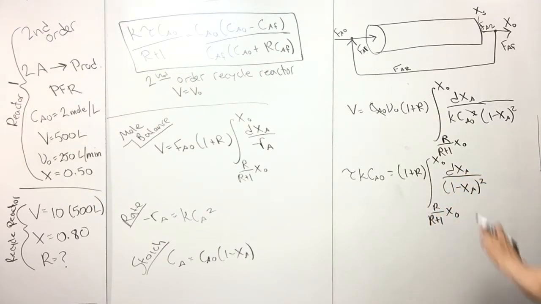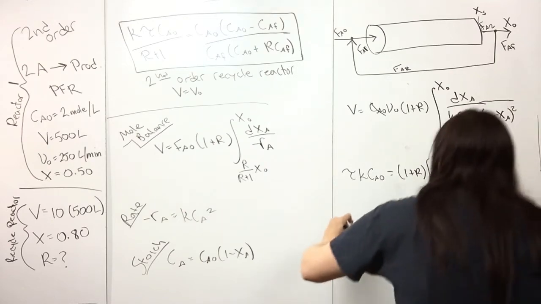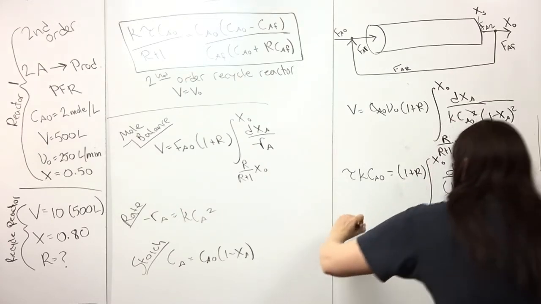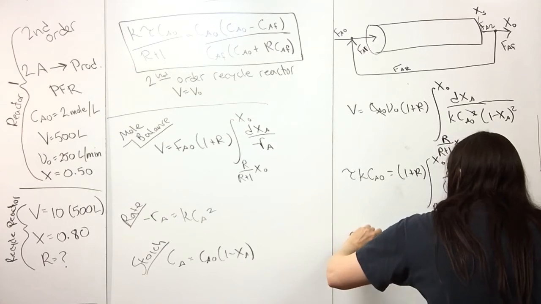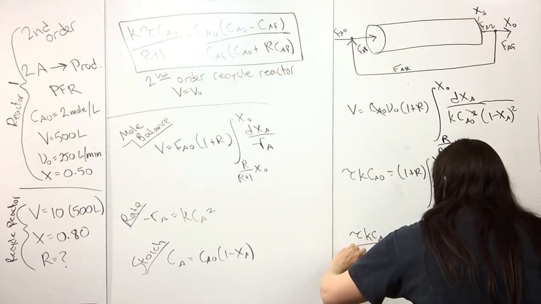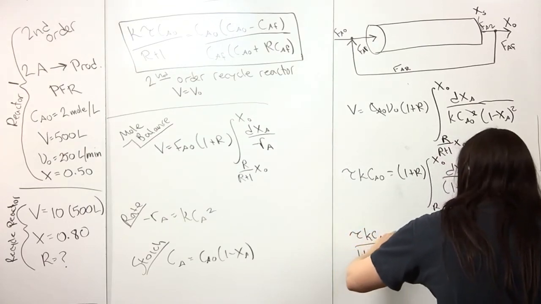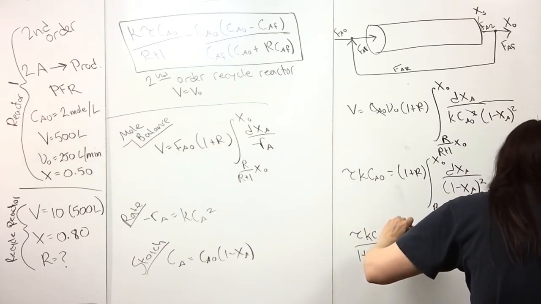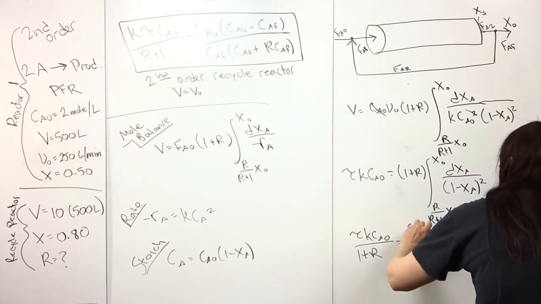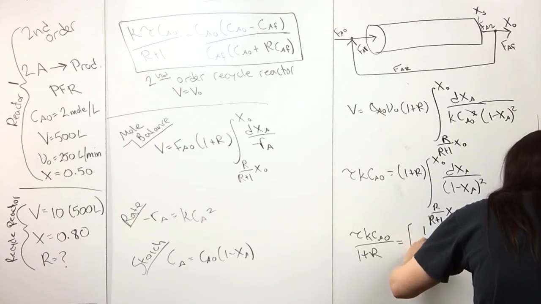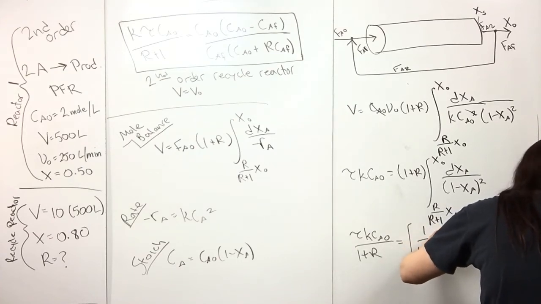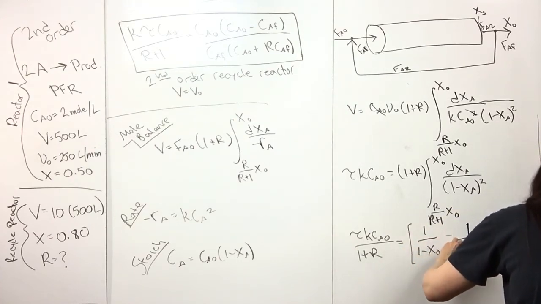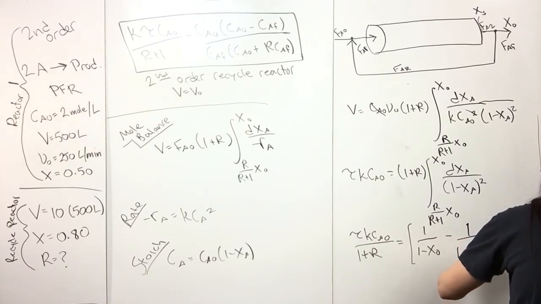So if I integrate this and divide by 1 plus R, I get tau k CA naught over 1 plus R equal to 1 over 1 minus X naught minus 1 over 1 minus R over (R plus 1) X naught.